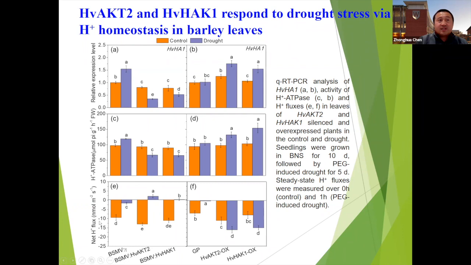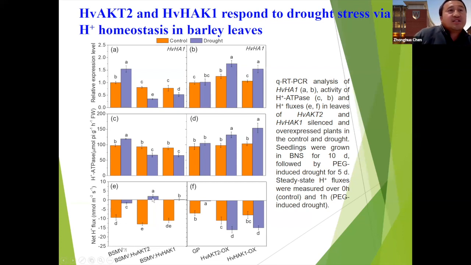So the proton flux, as I mentioned earlier, a proton efflux is usually a good sign of good proton pump activity. In the control, there's always a negative flux.